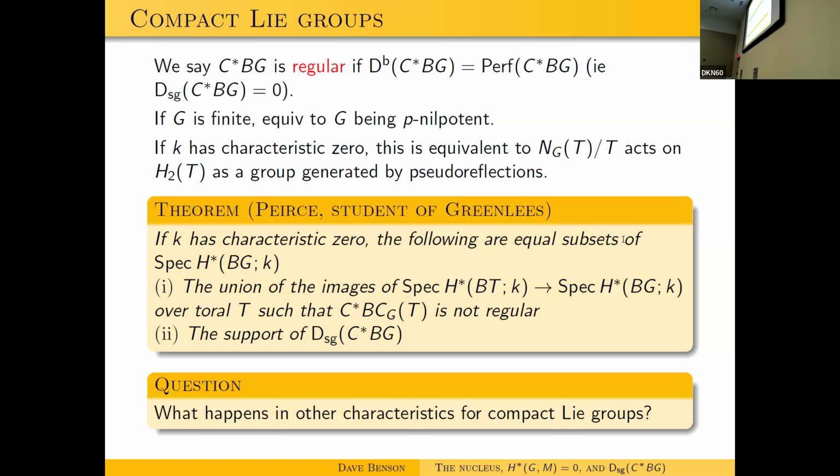I think that's right. You have a perfectly good theory of support for the bounded derived category, and the only difference between that and the stable module category is you have one extra point, namely the origin. So if you think about my original definition for the bounded derived category, that will tell you about the distinction between empty and the origin. Does that answer it? Yeah.